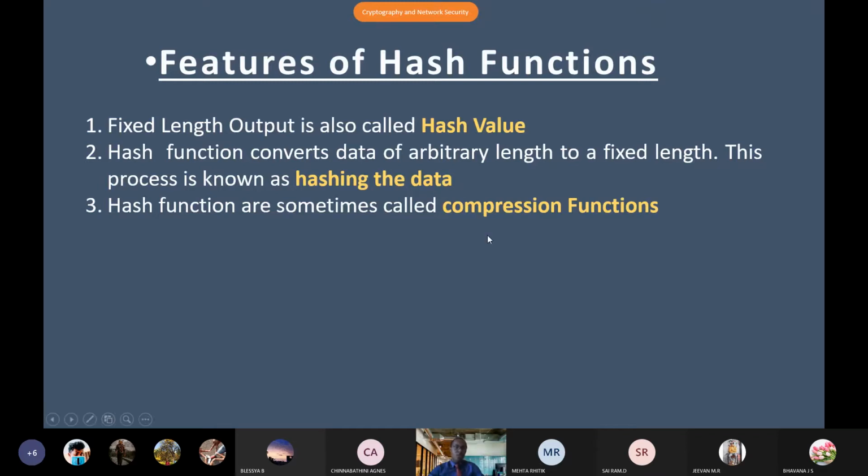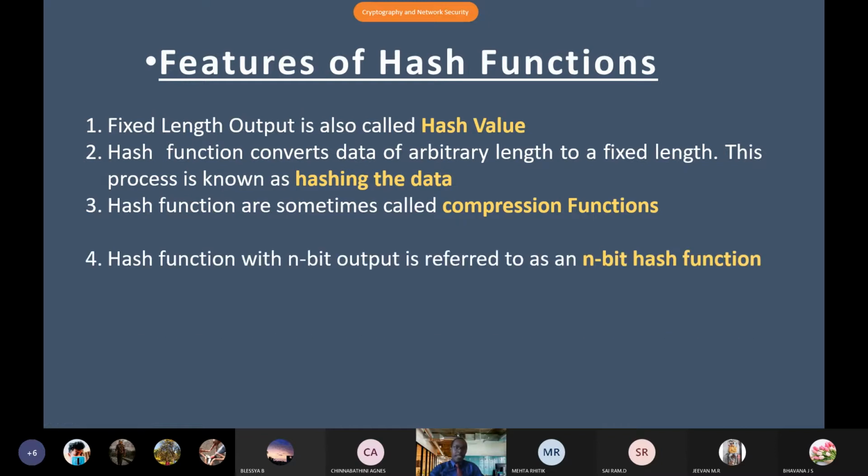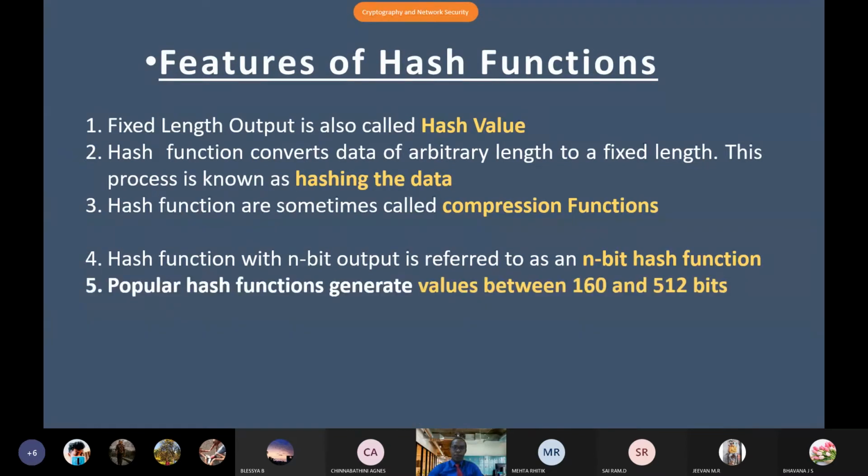That's why it is called a compression function. A hash function with n bits output is referred to as an n-bit hash function. These are the popular hash values, the outputs which are always being used.